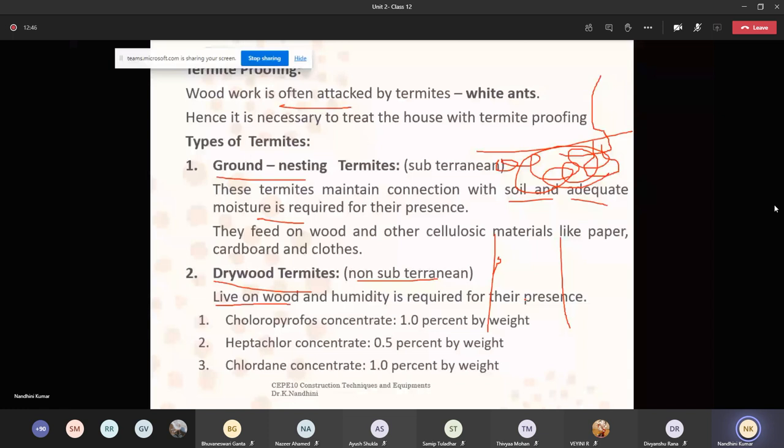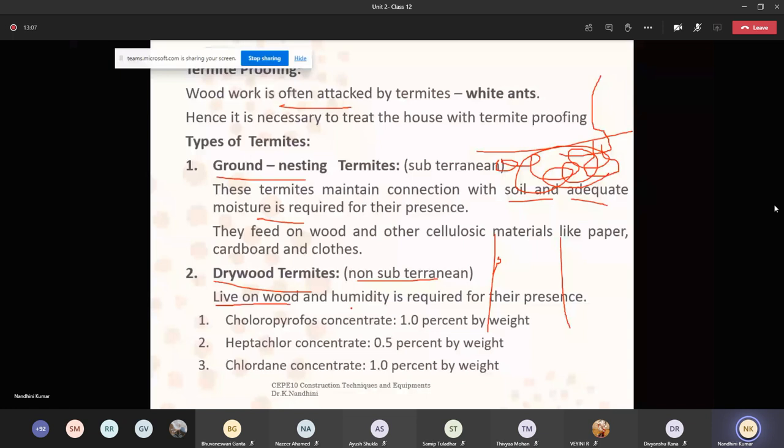If it is a wider and older tree and you scratch it, you will find so many insects over there. Those are nothing but the dry wood termites. They live basically on the wood. They need some moisture or humidity that will help them to grow.